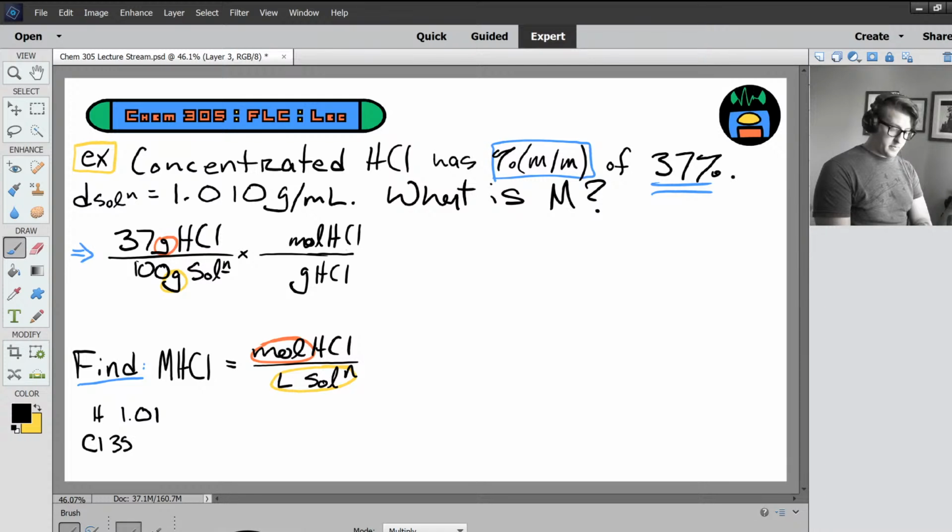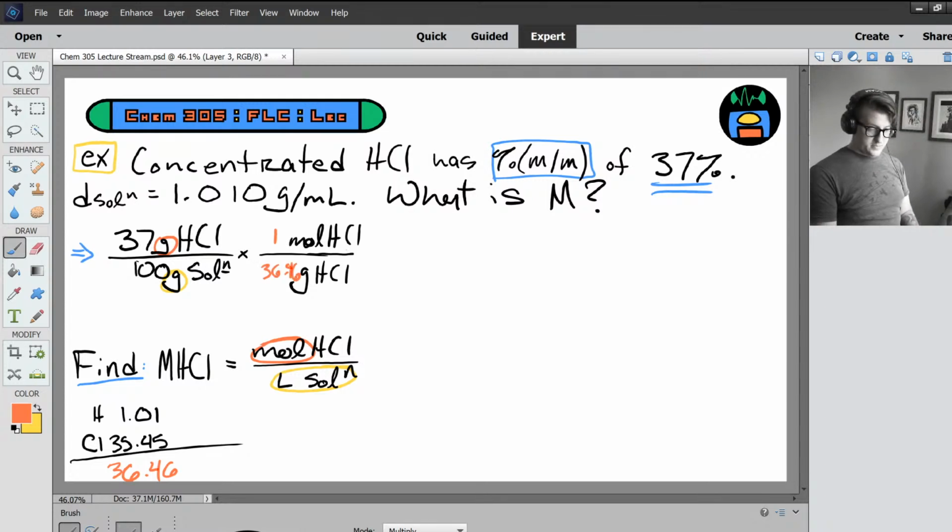Chlorine has an atomic mass of 35.45. So when we add these two together, it'll be 36.46. All right, so for every 1 mole of hydrochloric acid, we have 36.46 grams. So grams of HCl will cancel with grams of HCl. Now our numerator is what we want it to be, right? It's in moles. Now we need to work on the denominator of this expression.